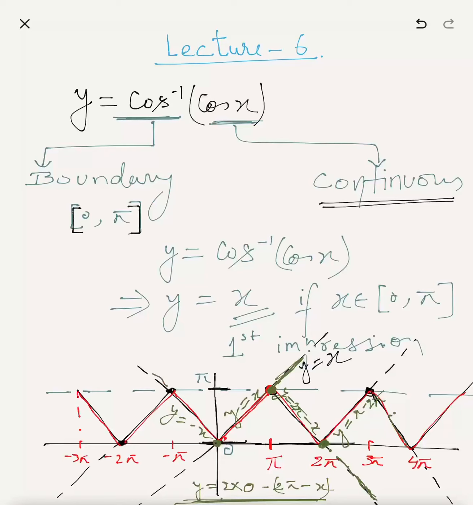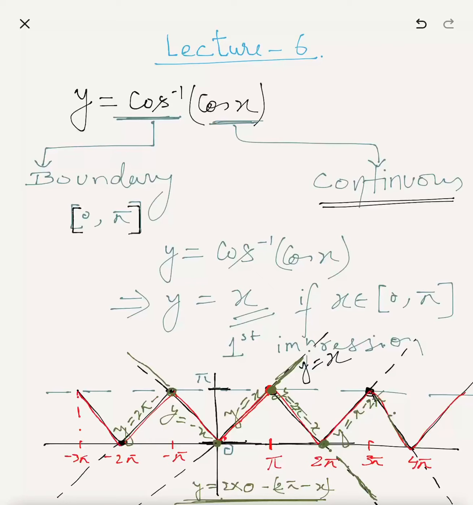This line is y equals minus x. So we are folding again this at which boundary? Pi. So 2 times pi. The equation of this branch I am writing: 2 times boundary minus graph. What is your graph? Minus x.